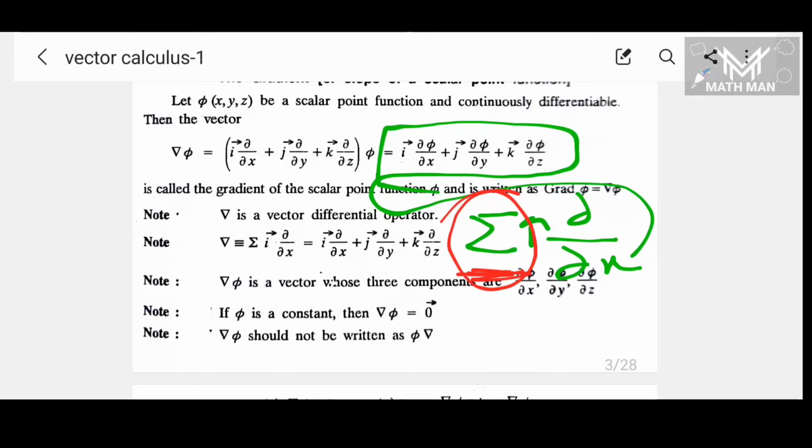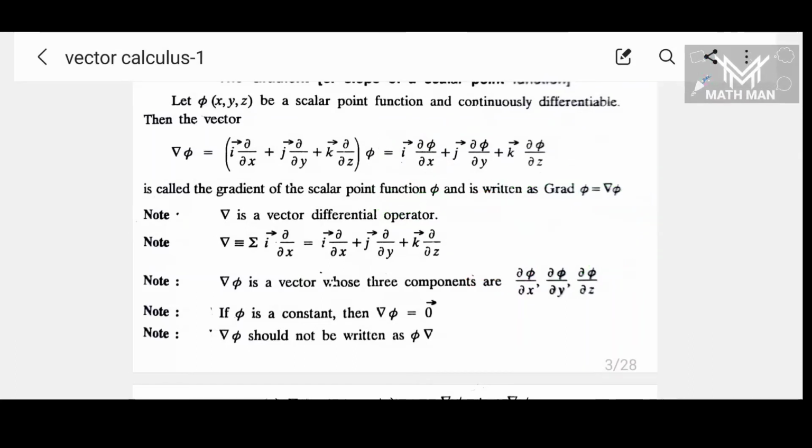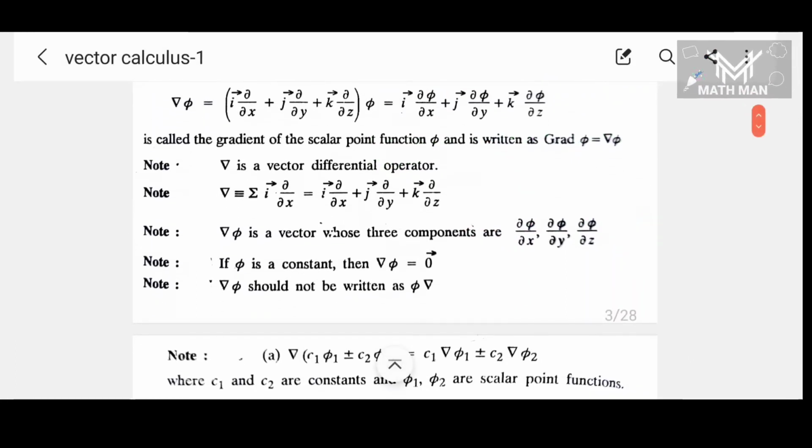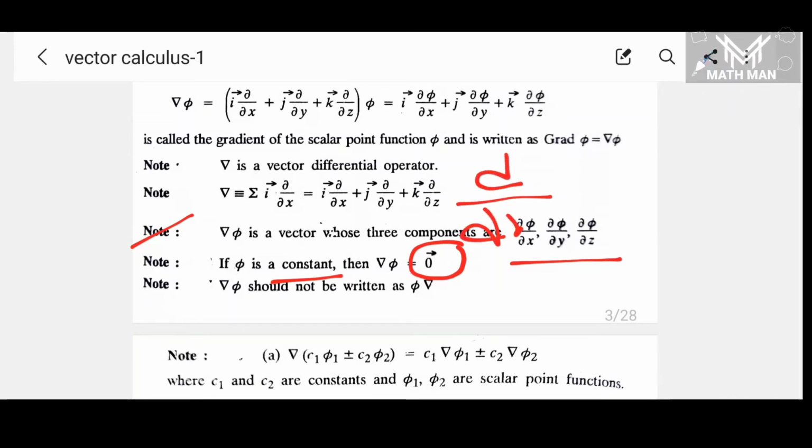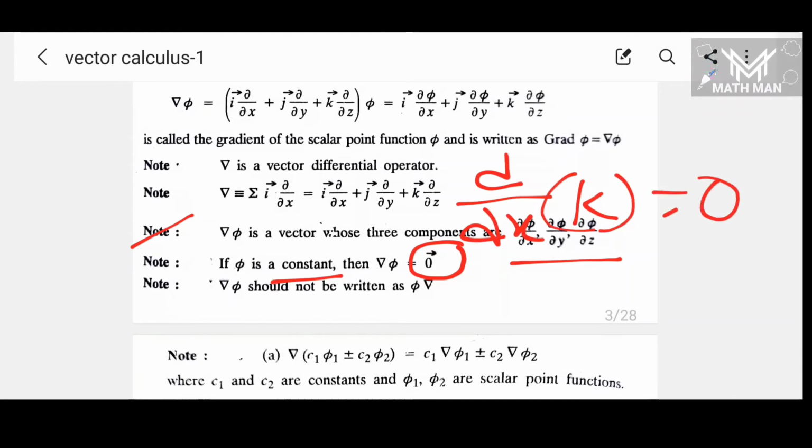And here are some quantities which we have to know. Del phi has three components. If phi is a constant number, del phi equals 0, because the differentiation of any constant, d by dx of a constant, is 0. In the same way, dou by dou x of any constant k is also 0.